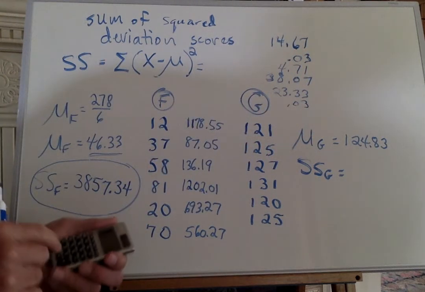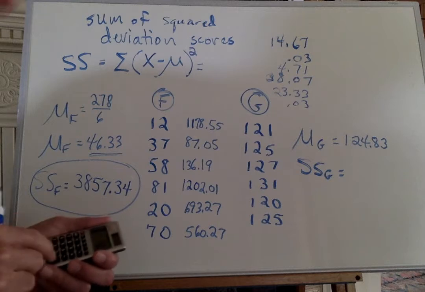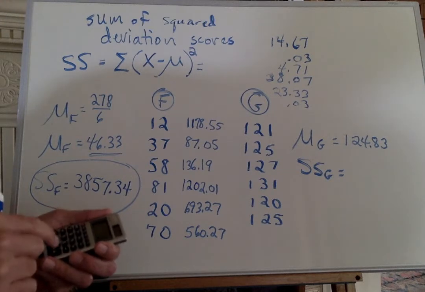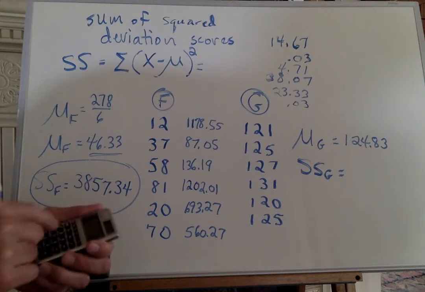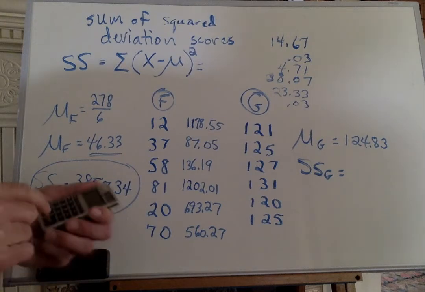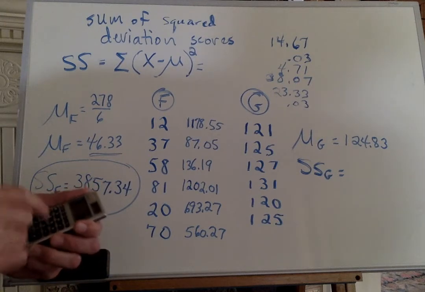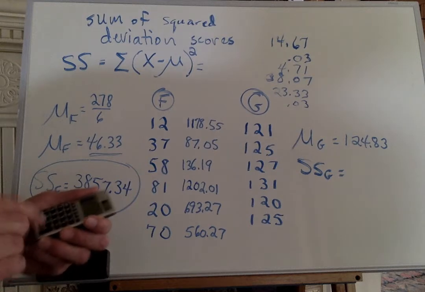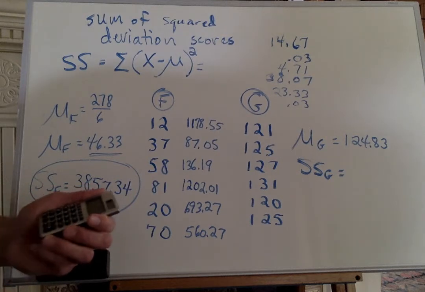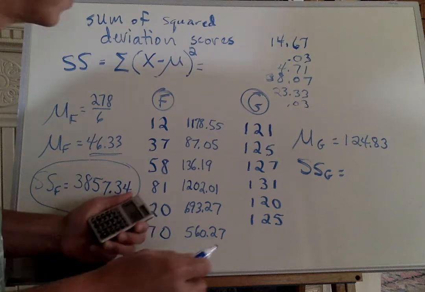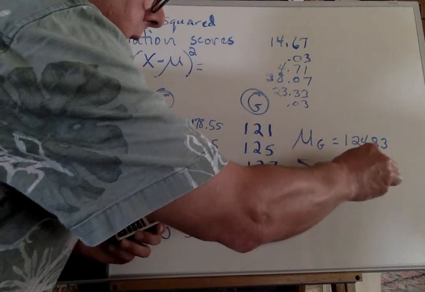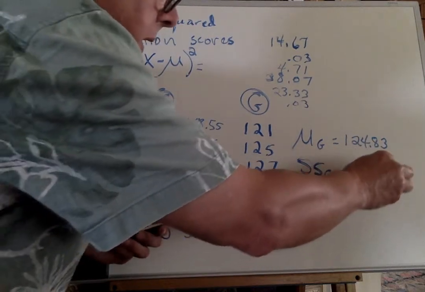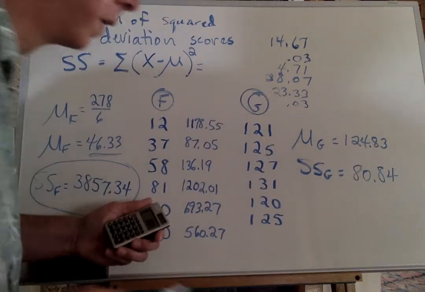Let's add these together. And I believe that the answer for sum of squares here is 80.84.